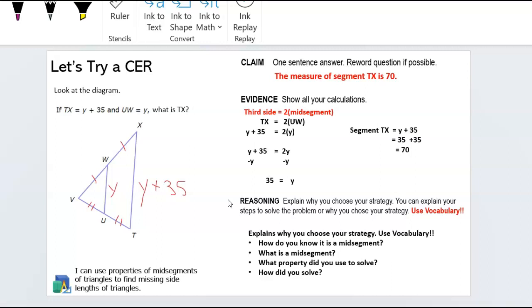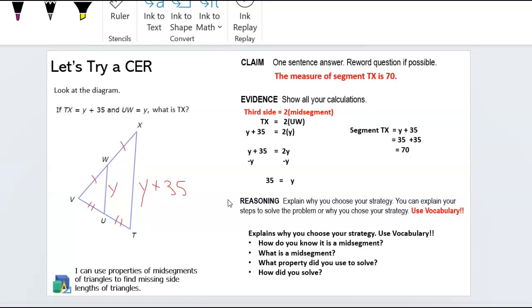So again, as a final recap, you want to read your problem, label it if that helps you. Do your evidence first, all of your calculations. Make sure you're answering the ultimate question, not just solving for the variable, but then plugging it back in to solve for whatever side they're asking you for. Go back up and write your one-sentence answer claim statement.